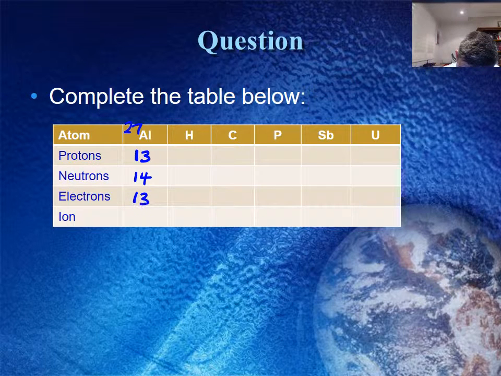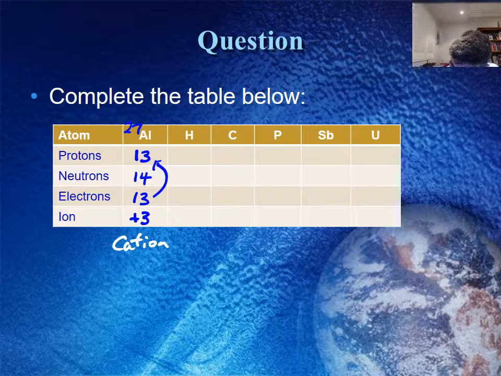It will have the same number of protons as electrons, so the electron number will be 13. When this forms an ion, because of its position in the periodic table, aluminium forms a +3 ion. That is a positive cation. So I'll pop that under here, cation.